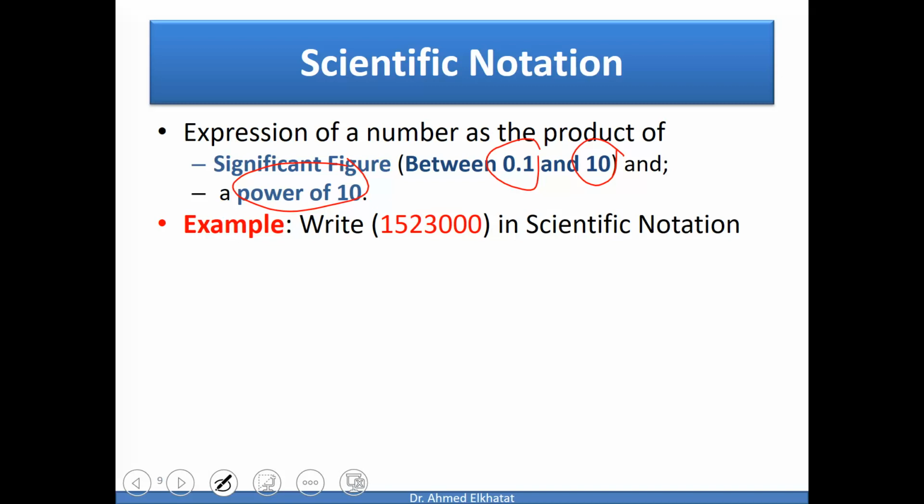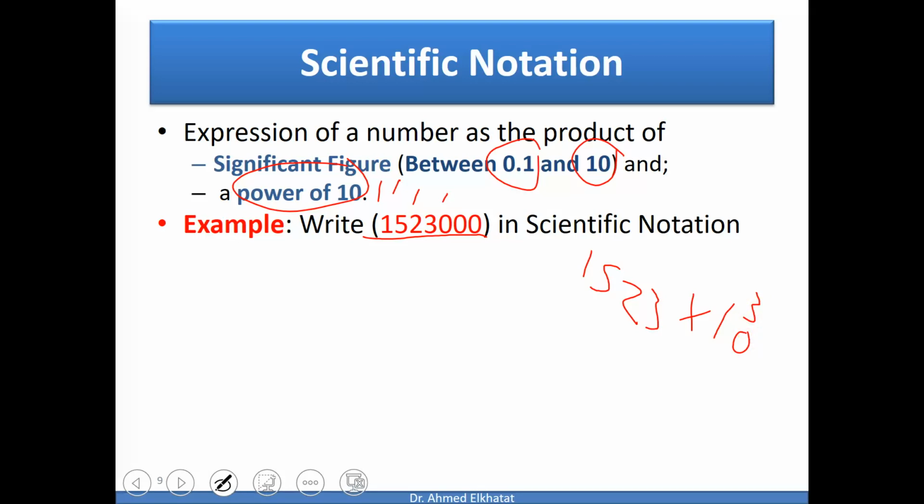So now suppose that you want to write this number in scientific notation. First, you have to decide how many significant figures are in this number. So let's say 1, because we start from non-zero. 1, 2, 3, 4. Since I don't have any decimal point here, I should end only at the last non-zero. So I have 4. So 1, 5, 2, 3 times 10 to the power 3.